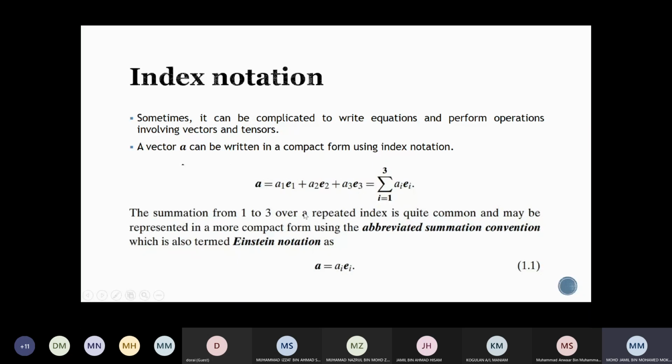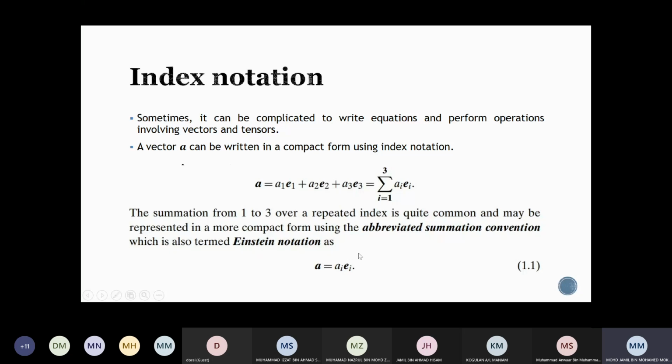This summation means repeat the index I from 1 to 3. So this actually reduces the length of the writing. We call this Einstein notation. So instead of using the summation, we can just write A equals AI EI.